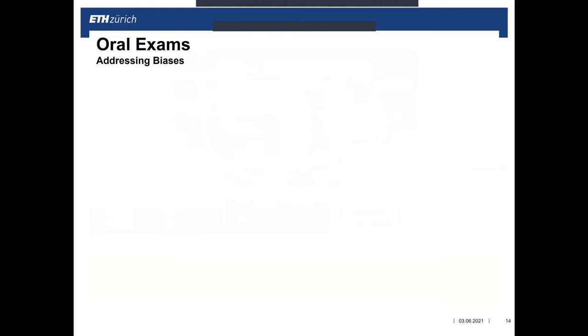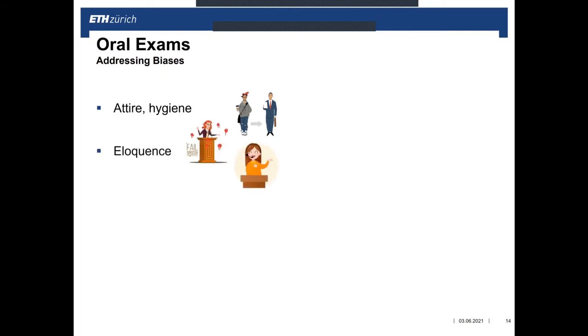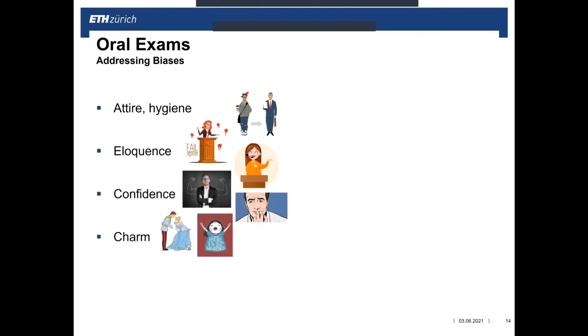All these things are important, but there are also many others. So, for example, the attire and hygiene of your candidates may influence your assessment of the candidate. How eloquent is the candidate? How confident is the candidate? Is the candidate charming or socially awkward? Or actually just simple attractiveness can influence our judgments of people.